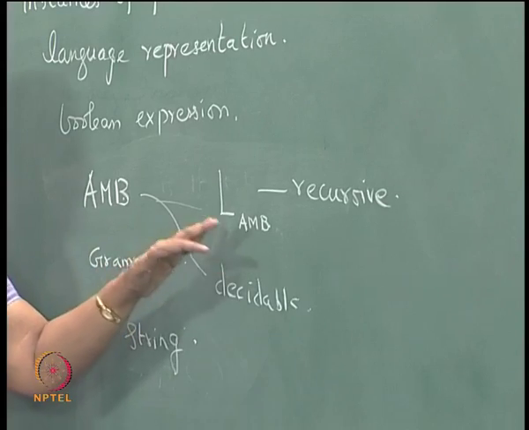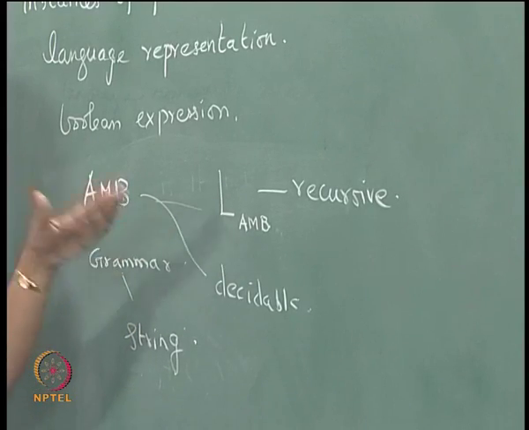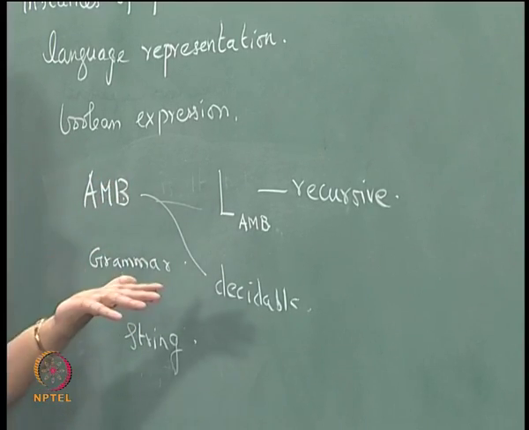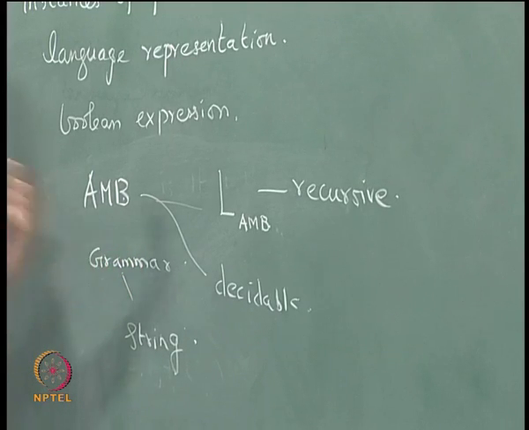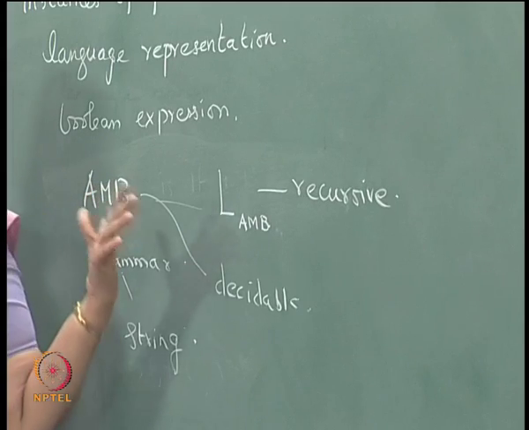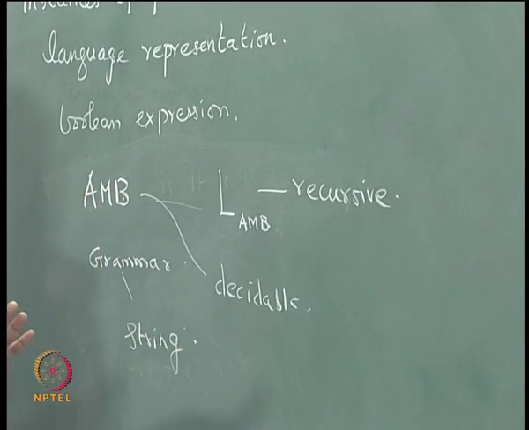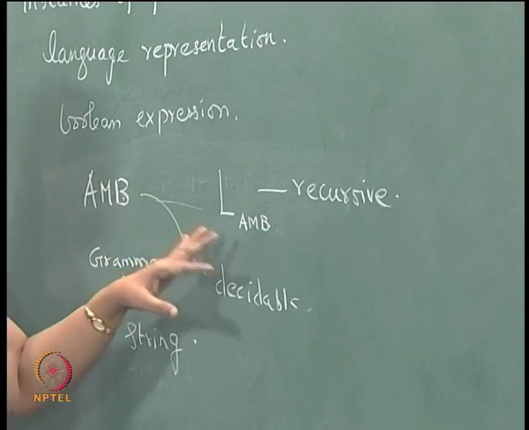So, it has to ultimately halt and say yes or no. So, here the machine has to halt and accept or reject on any string, okay, then it is decidable. If it accepts and stops, but when it rejects it gets into a loop, that is not decidable. Okay. The language has to be recursive.